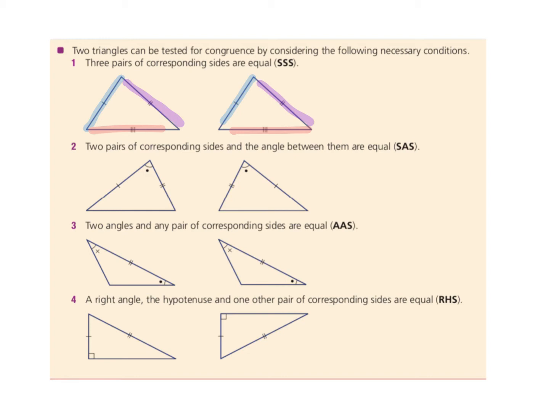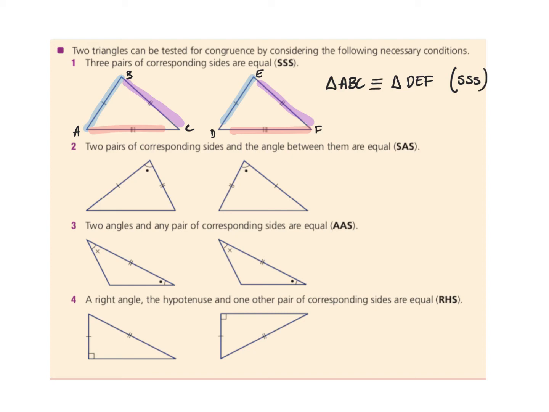Say I labelled these triangles ABC and DEF. I could say that triangle ABC is congruent with triangle DEF. And if I have to give a reason, I'm going to write SSS. Why? Because 3 sides are all the same length. The sides are matching.